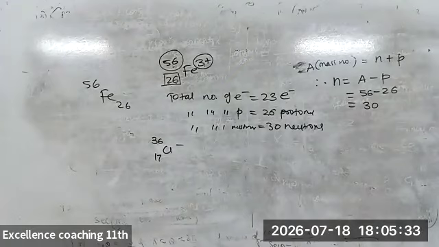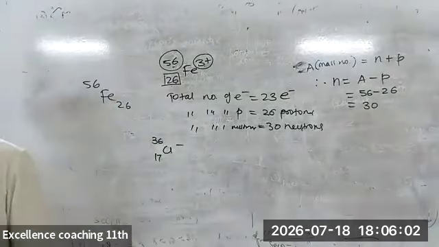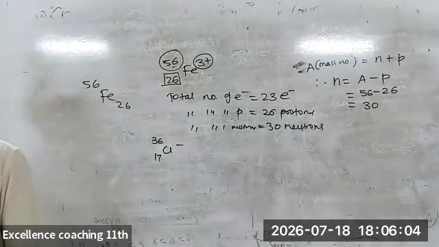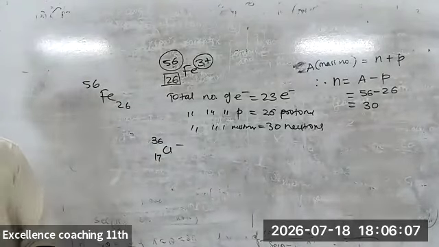Priya? Distance from the center of the nucleus to the outermost shell. The nucleus can also be a boundary, so: distance from the center of the nucleus to the outermost shell.